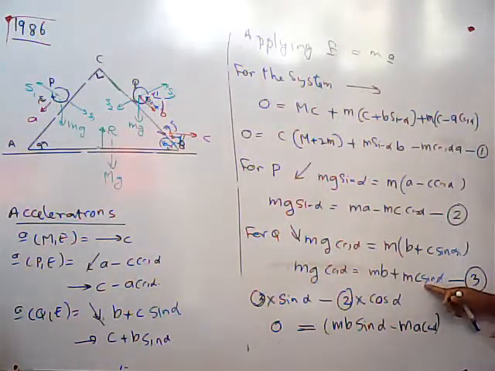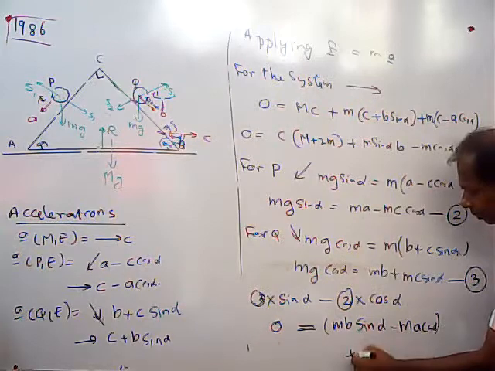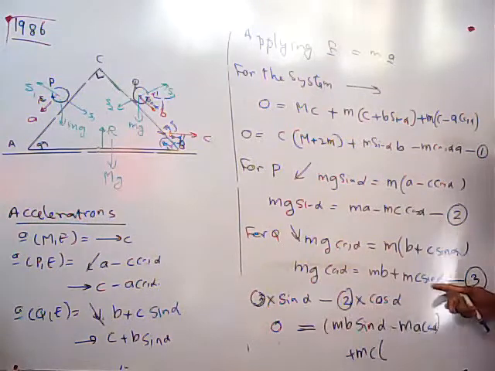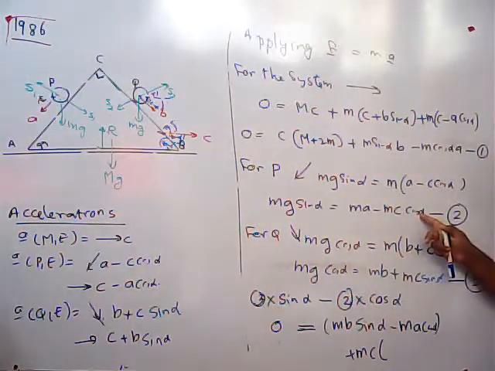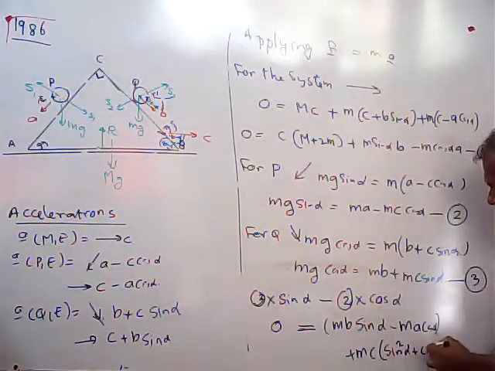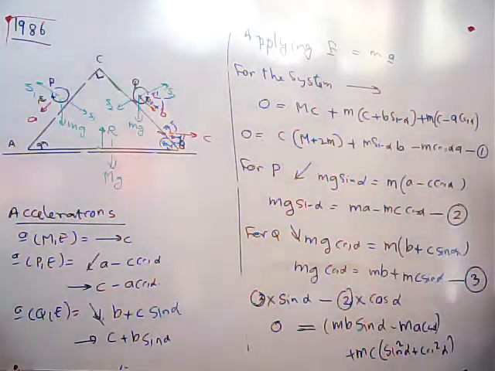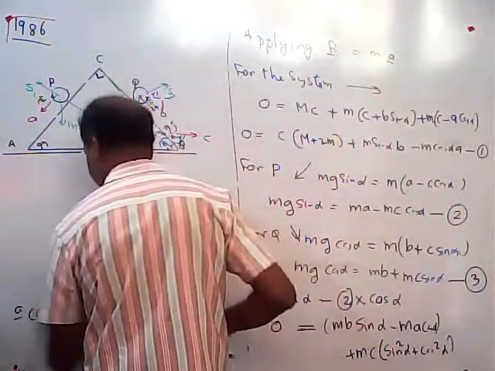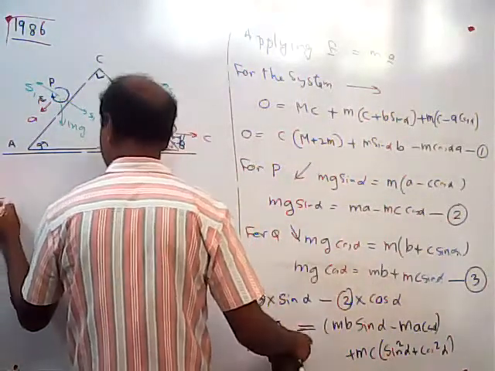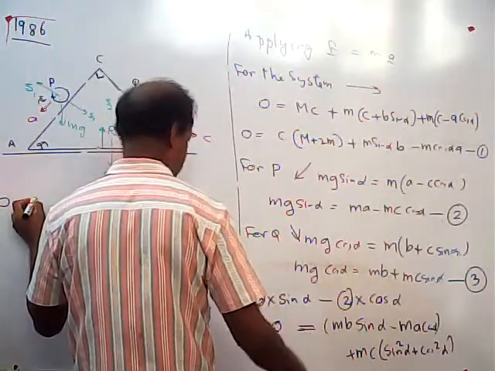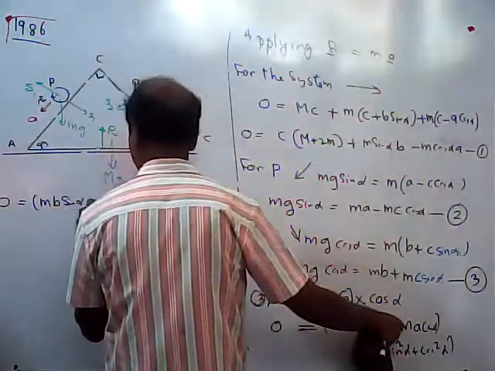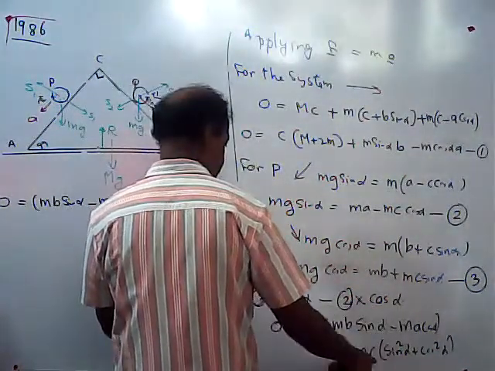Further, the c terms, I'll take mc out. Sine squared alpha plus cos squared alpha will equal 1. So 0 equals mb sin alpha minus ma cos alpha plus just mc.